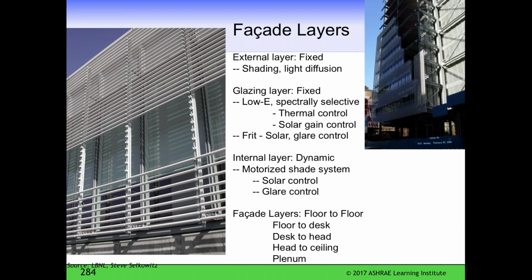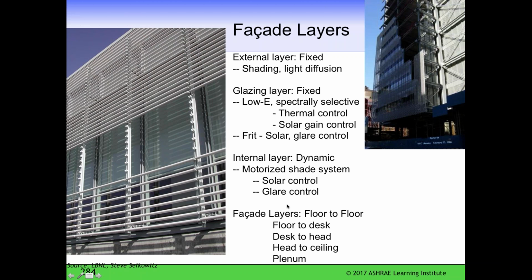And here are the facade layers, the external layer with fixed layers of shading for light diffusion. You have low E spectrally selective, thermal control, solar gain control. There's frit on portions of the window for solar and glare control. And there's an internal layer of a dynamic motorized shade system.